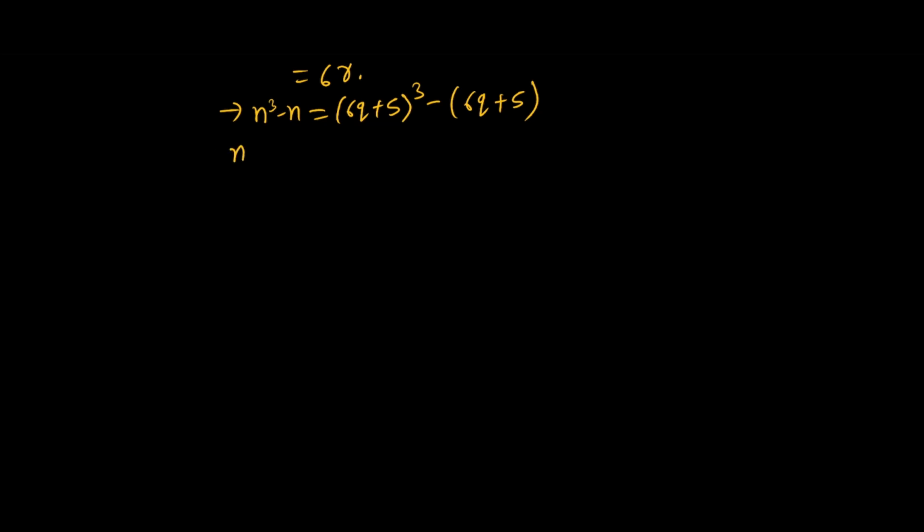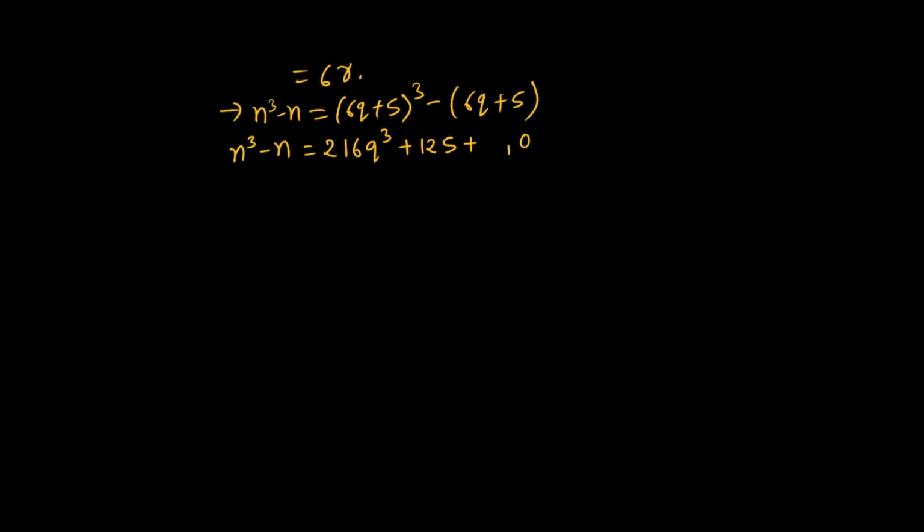No need to worry. n cube minus n is equals to 216 q cube plus 125 plus 3a square b. 3a square is 36 into 3, 108. 108 into 5.